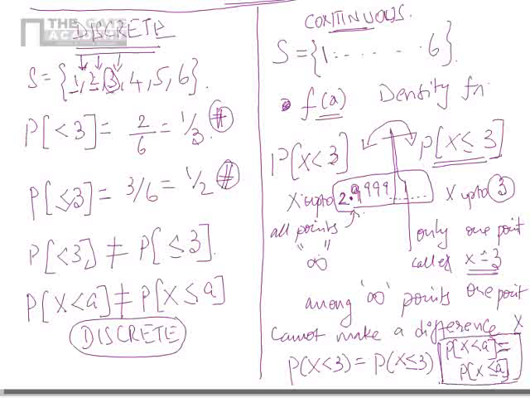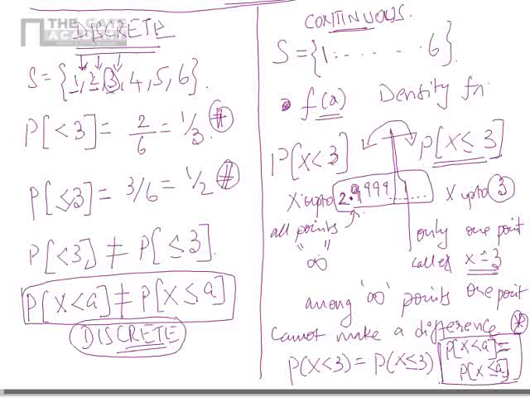Please remember, in the continuous sense, the probability that x is less than a is the same as the probability that x is less than or equal to a, whereas in a discrete case, they are not the same, they are different. We proved it by one example also, correct?